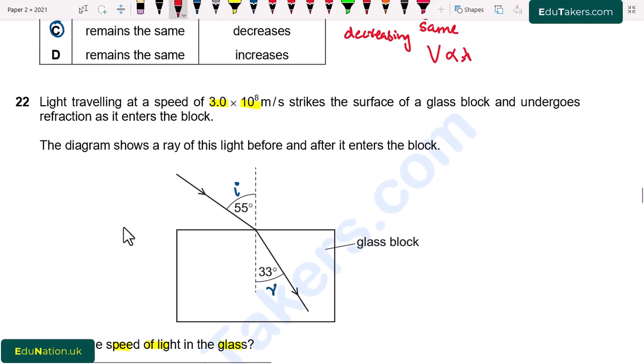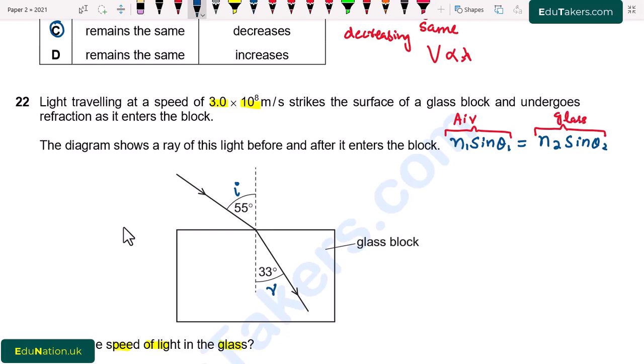So here I use Snell's law: n1 sin θ1 is equal to n2 sin θ2. The first term, n1 sin θ1, is basically for the air, while the second term is for glass. The refractive index of the air is 1, so I write 1, and θ1 is the angle of incidence, which is 55 degrees.